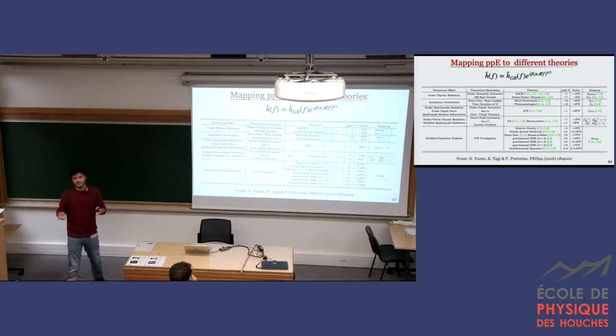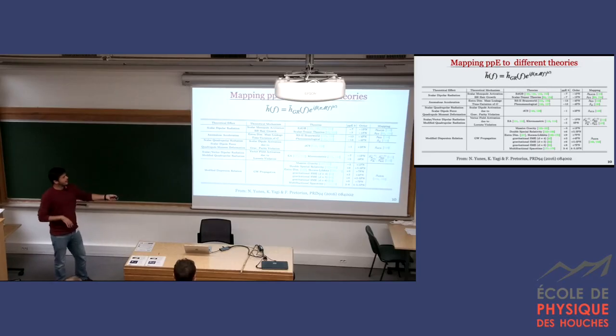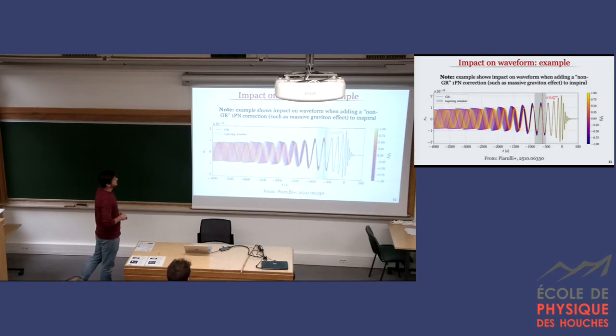So the idea is, if I do this test in a completely model-independent way, constraining these betas for given Pn orders, then in principle I could go back to this table and try to constrain given theories. This has been the game played by the LVK, and I guess this will continue to be like that in LISA and future detectors.